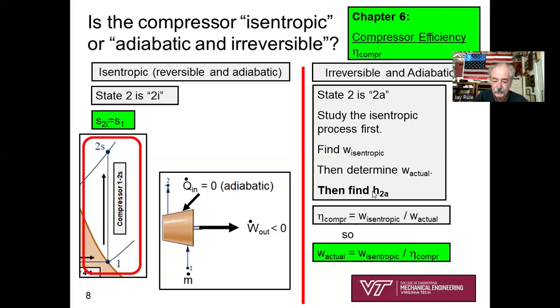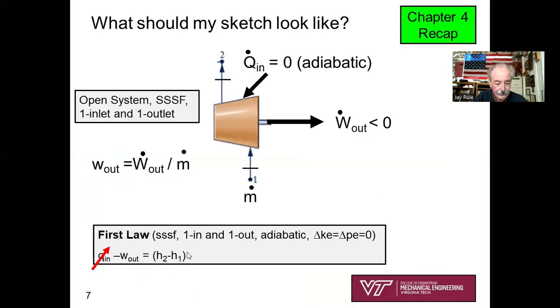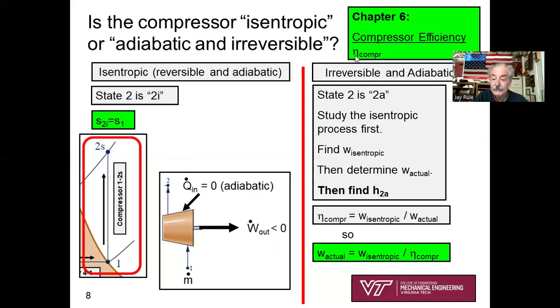We go back to the first law. Here it is. So W actual we would find and solve for H2 actual since we already know H1. So that's the way we're going to handle a compressor that's associated with a refrigeration cycle when we know that the compressor is adiabatic but irreversible, and typically the compressor efficiency is known or given.